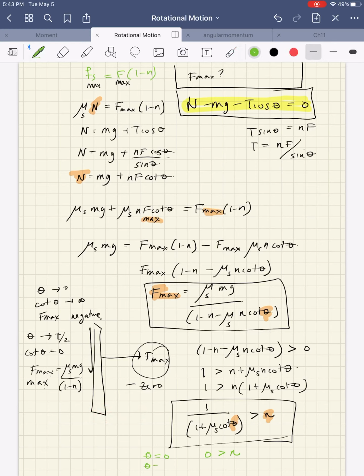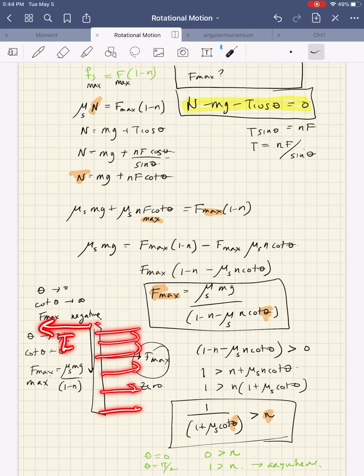If theta equals pi over 2, cotangent equals 0, and we have that n can be less than 1. It can be actually anywhere. So as you pull out with the tension force completely perpendicularly, F max can be anywhere that it wants to be along here, but it's pretty much saying that n can act up at the top to correspond to this pi over 2 angle.